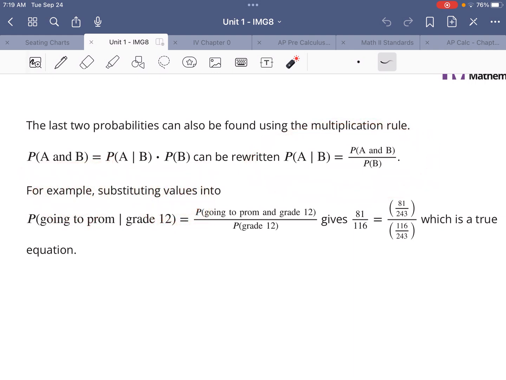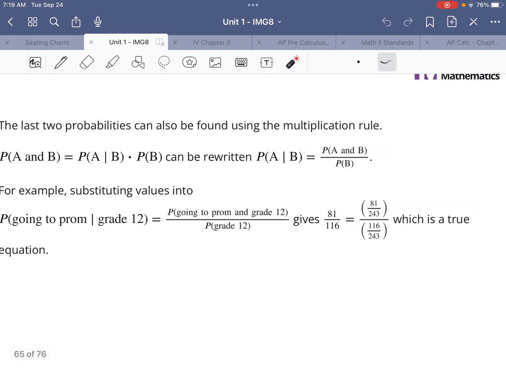So if we take a look, we're looking for the probability of going to prom given that they're in grade 12. We can use this formula. The probability of going to prom and grade 12, we already saw, was 81 over 243. And then the probability of grade 12 is 116 out of 243.